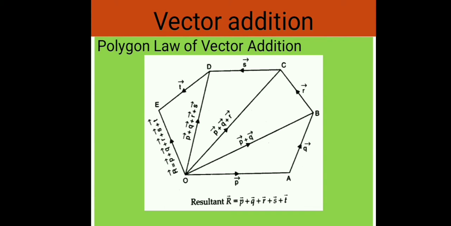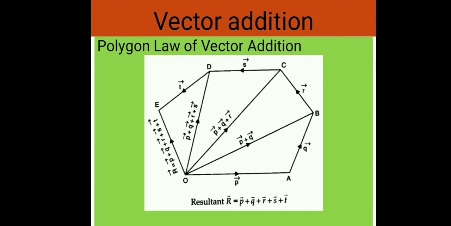In this diagram, OA is vector P, AB is vector Q, and the resultant of OA and AB is vector P plus vector Q. There are basically 1, 2, 3, 4, 5 sides, and each side represents a unique vector, having specific magnitude and direction.